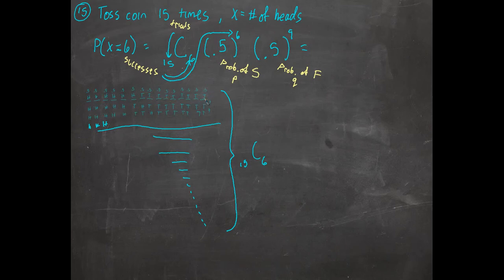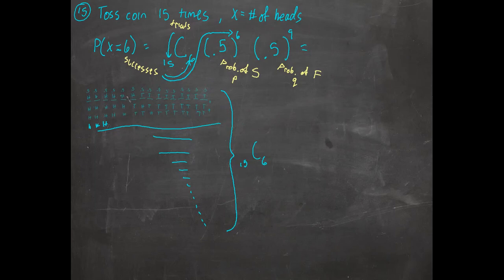And I want to find out how many unique ways there are for these heads to sit down in all these different chairs, right? They could sit down on the first 6, or the first 5 and the 7th one, or the first 5 and the 8th one, or the first 5 and the 9th one, and so on and so on. So I'm just really picking numbers from 1 to 15 in groups of 6. How many ways can I do that? 15C6. Okay. So all the ways that we can get 6 heads, that's 15C6.